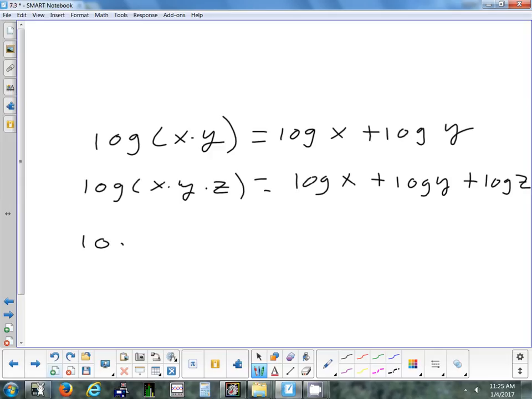Let's look at this one. Log of y times y times y. How would that one split? Claire, can you tell me how that would split? If I even take a step back, it's like y cubed, right? Y times y times y.